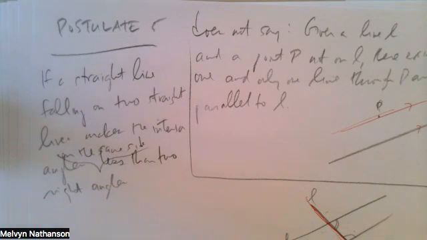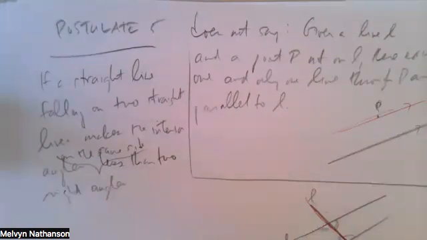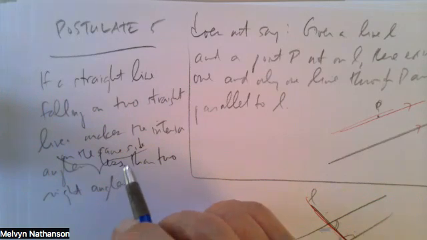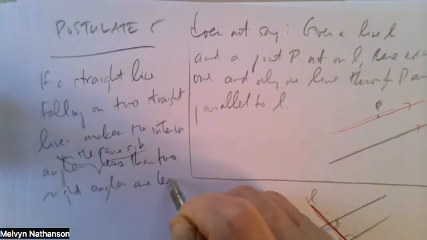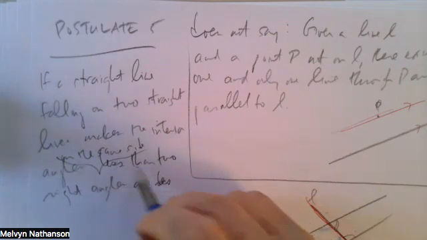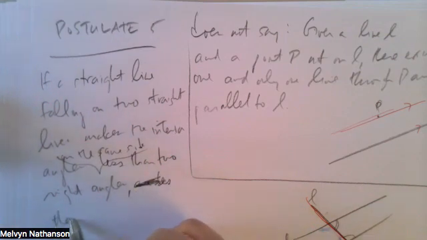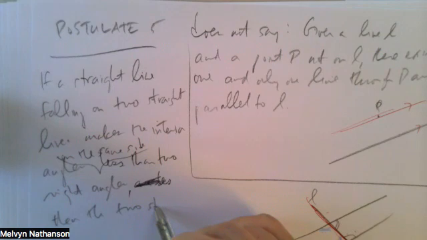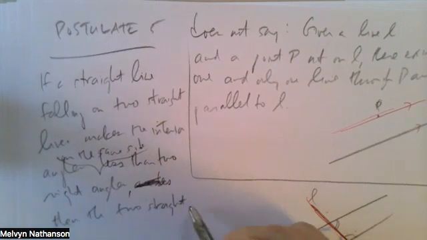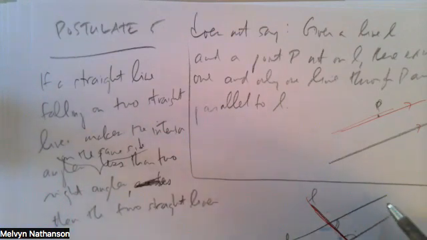These two angles are also interior angles on the same side of the line. But if two interior angles on the same side of a line are less than two right angles, then the two straight lines produced indefinitely meet on that side.